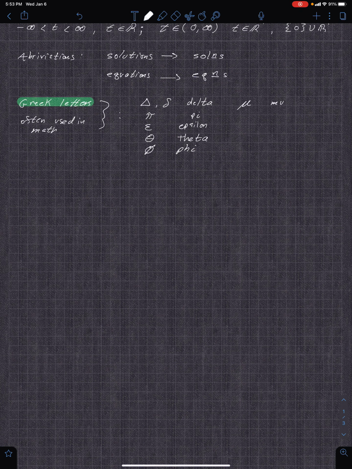Uppercase sigma and lowercase sigma. So upper and lower sigma, alpha, beta, gamma.